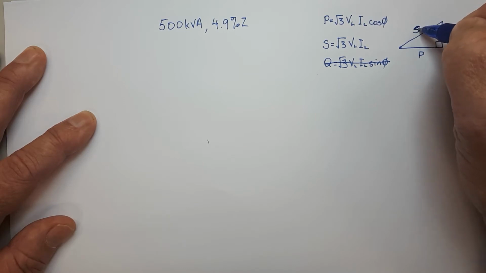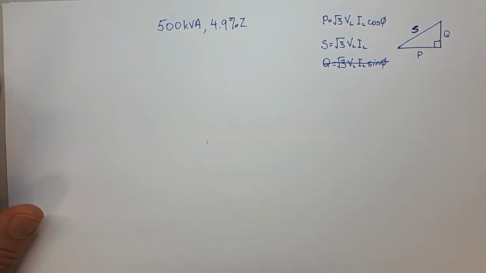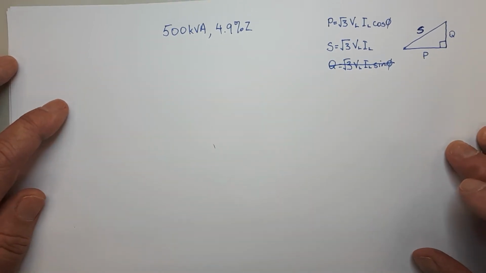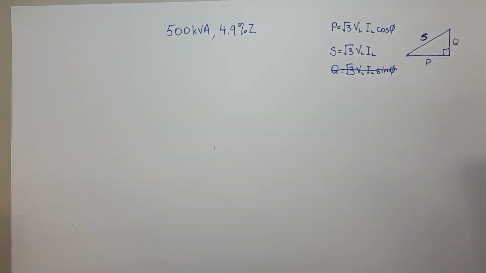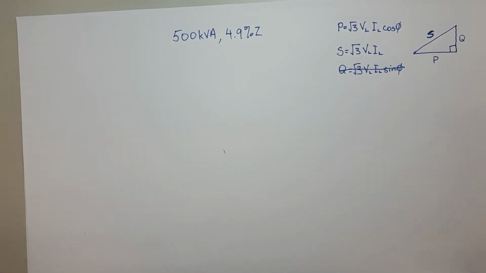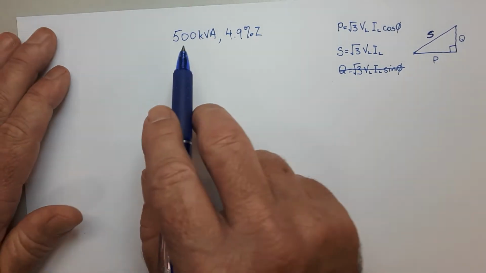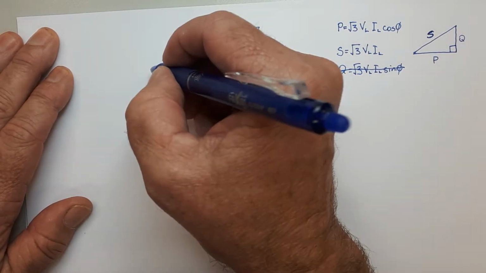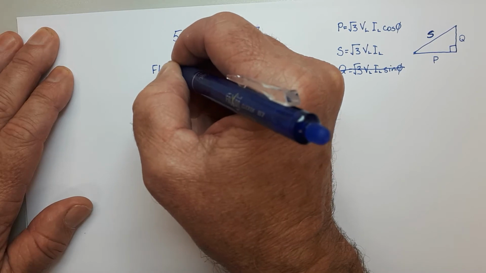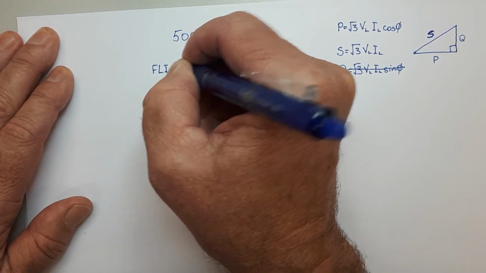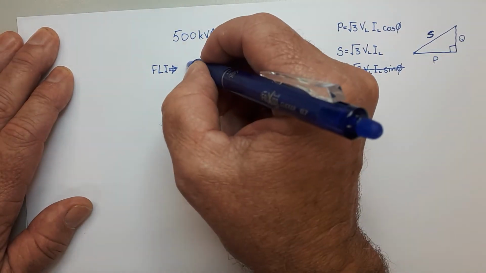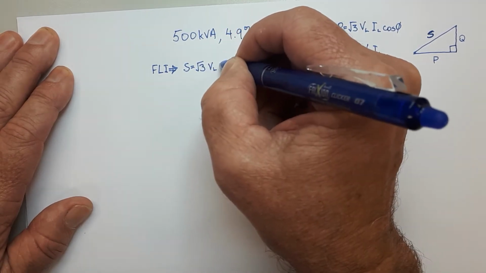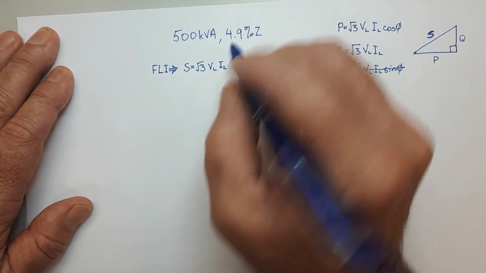Always the power is on the horizontal, and that's S. So we're going to use the S formula, because transformers are always rated in VA, which is S. We start here with full load current, using S equals root 3 VL IL, but we're only interested in IL.